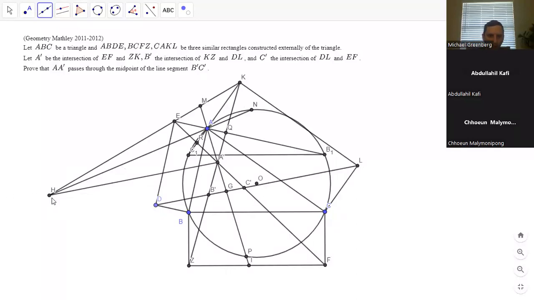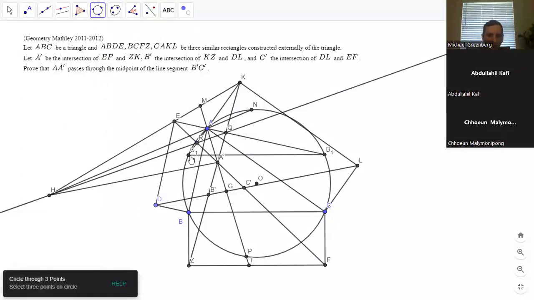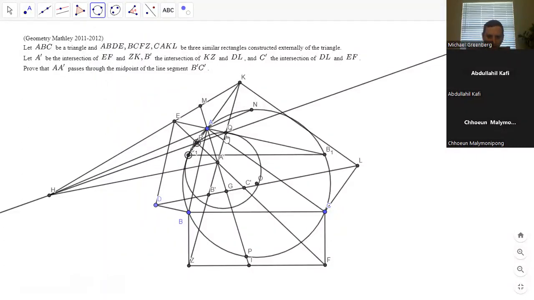What can we say about this line right here? Maybe, let's see if these are cyclic. I don't think so, it doesn't look cyclic.